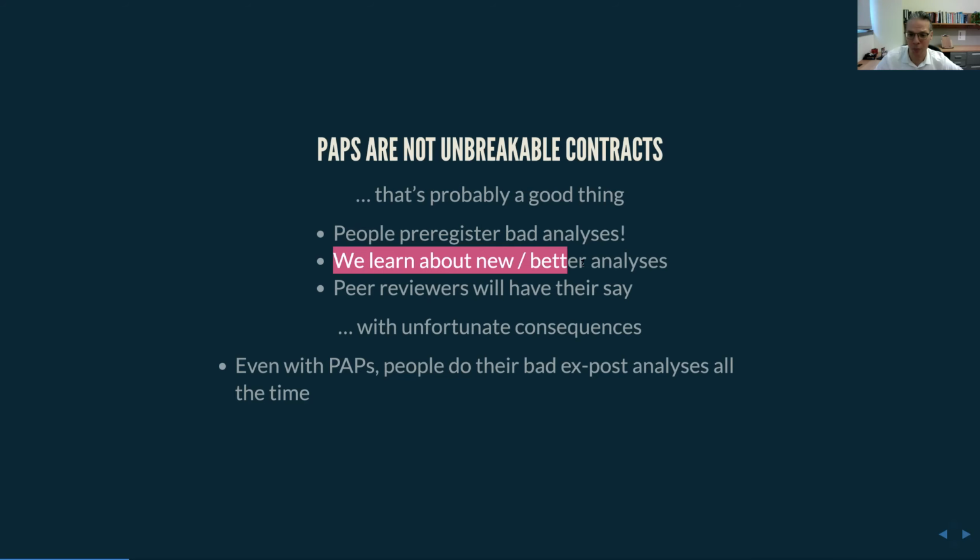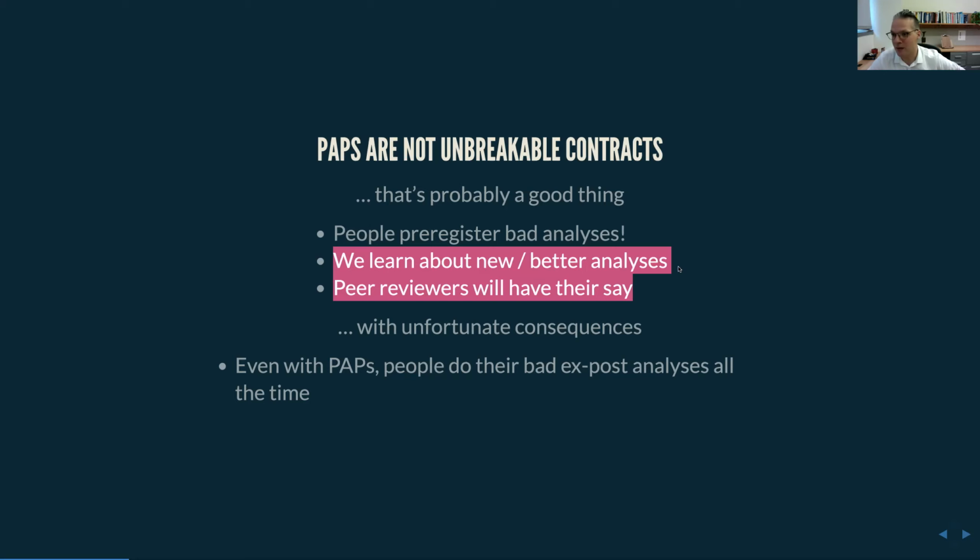We also learn about better ways to analyze the data. This happens all the time. It's really common for people to use change scores, right? So they do a pre-analysis plan where they say, well, what I want to do is I want to measure the effect on post-treatment outcome, but I'm going to do the difference between the post-treatment outcome and the pre-treatment outcome. That's going to be my outcome variable, is the change score. Well, it turns out if you read chapter 4 of Gerber and Green, change scores, that's fine.